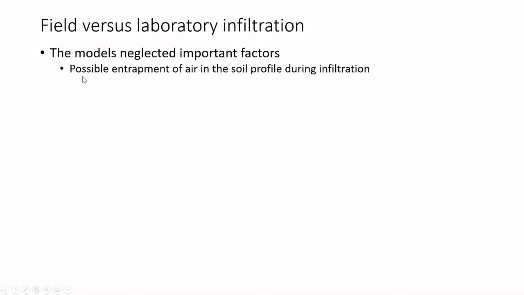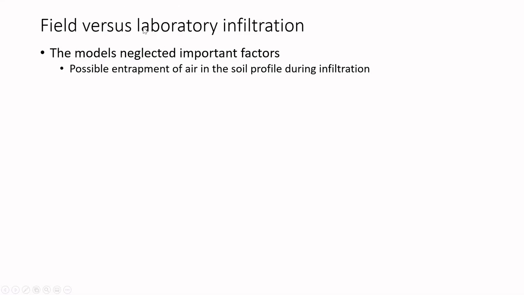So some of the differences worth noticing is that the models we use to model the field and the laboratory are the same model, but it neglects certain important factors that only exist for the field soil. These factors, for example, is the possible entrapment of air in the soil profile during infiltration, but this is true for both field and laboratory.